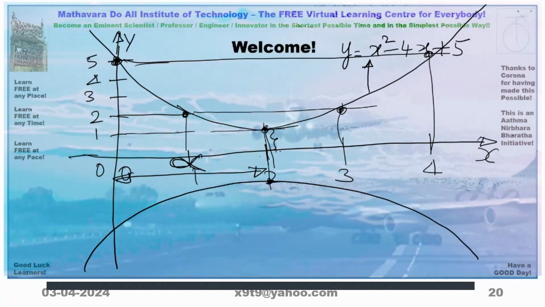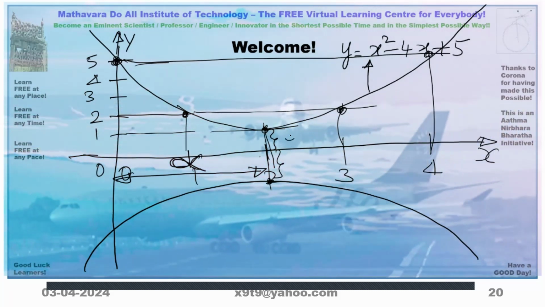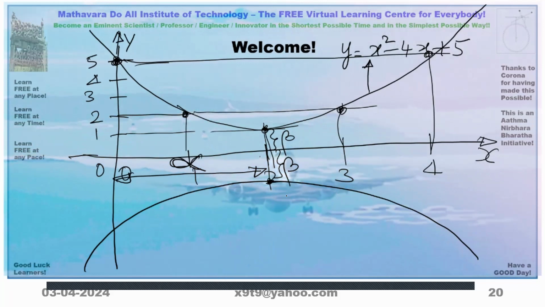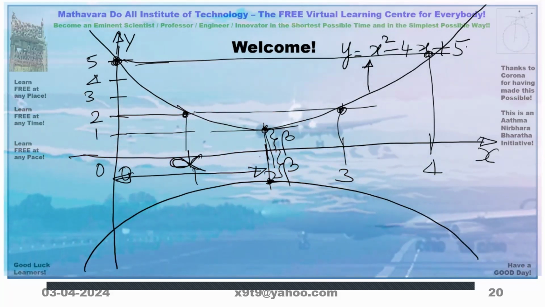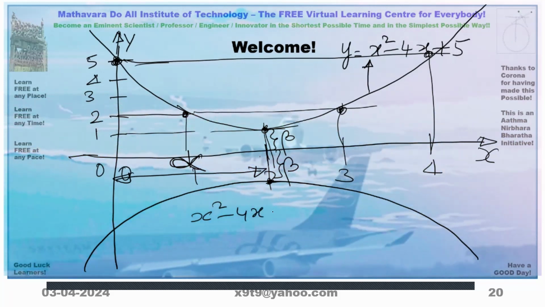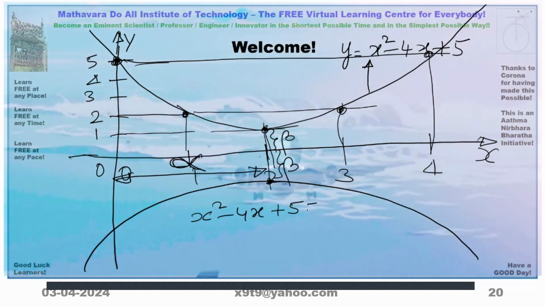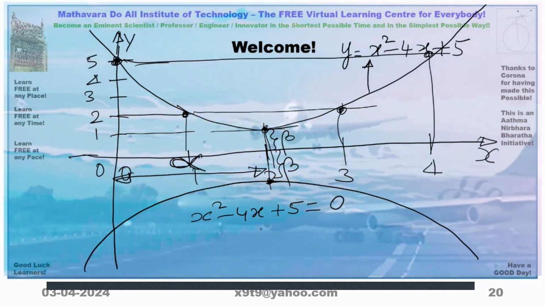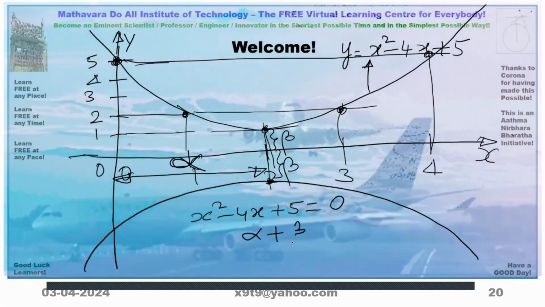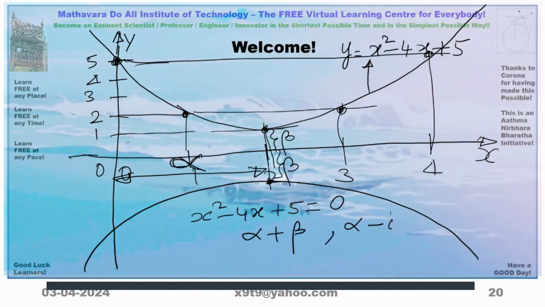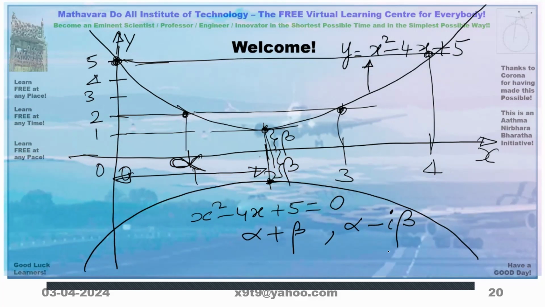And this height, we call it beta. So, the roots of this equation, x square minus 4x plus 5 is equal to 0, will be like this: alpha plus i beta and alpha minus i beta.